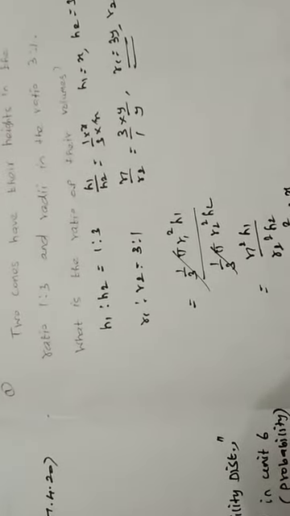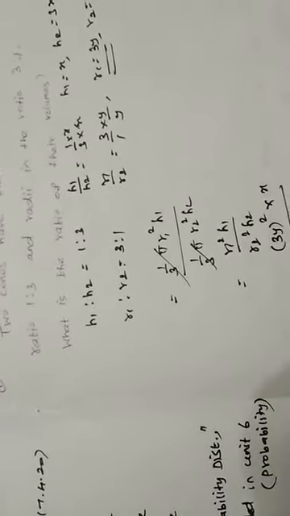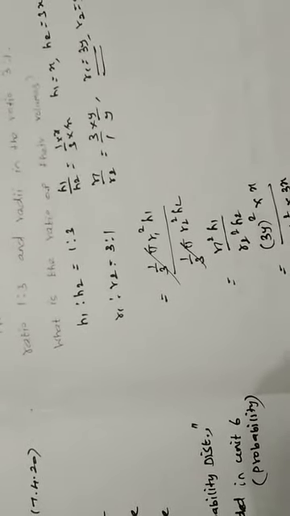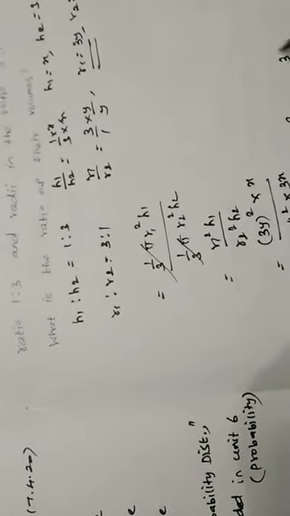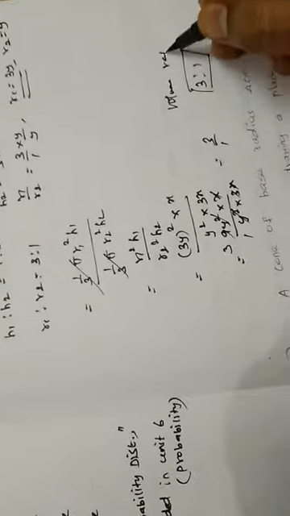So that is 9y squared x divided by y squared into 3x. So y squared and x cancel. After 3 cancels, we get 3 by 1, that is 3 is to 1. So their volumes are in the ratio 3 is to 1. Like that also we can find.